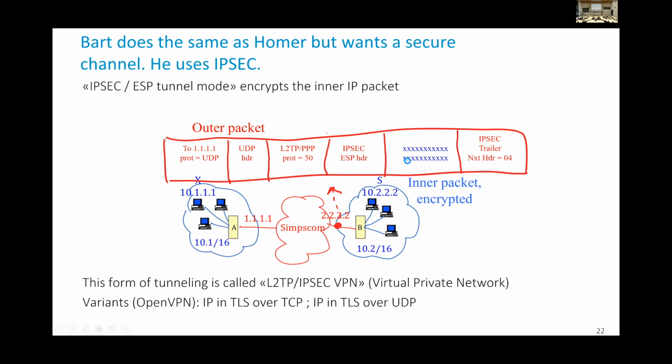I mentioned that we can do encryption also with TLS. So not surprisingly, there is an alternative way of doing this, which is using TLS. Now, instead of doing encrypted packets inside IP, you can do encrypted packets inside TCP. This is what software like OpenVPN does. With OpenVPN, A and B will establish a TLS connection.